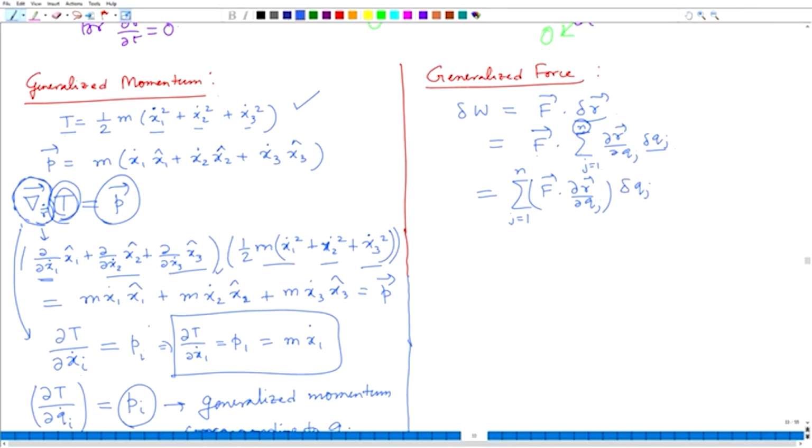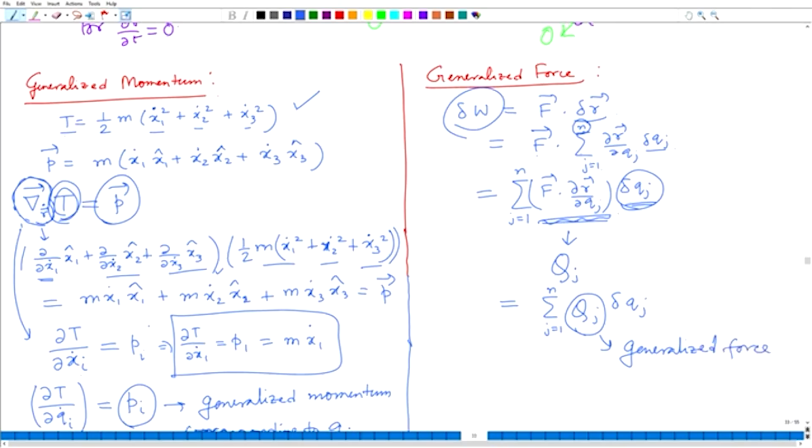Instead of delta x, if you write delta Qj, the corresponding force-like quantity should be this one. If I call this capital Qj, then it gets multiplied with delta Qj to give the total virtual work, Qj delta Qj. This is known as the generalized force.